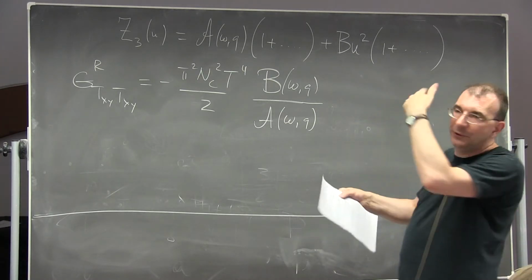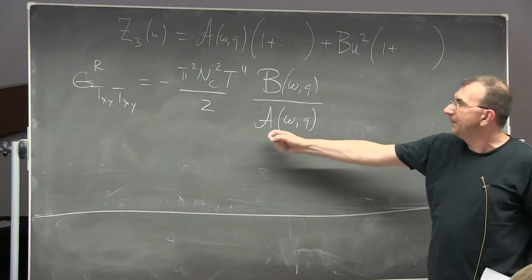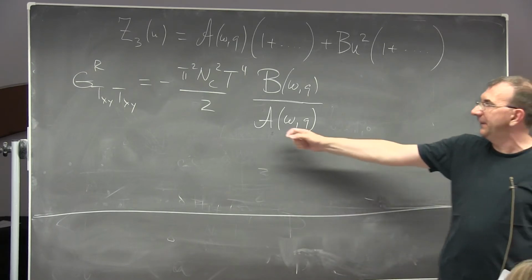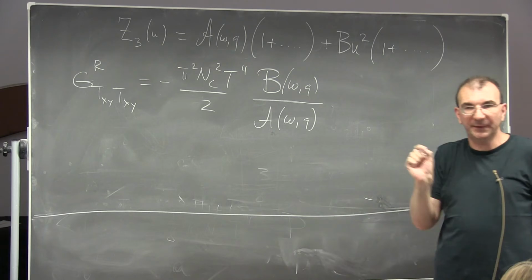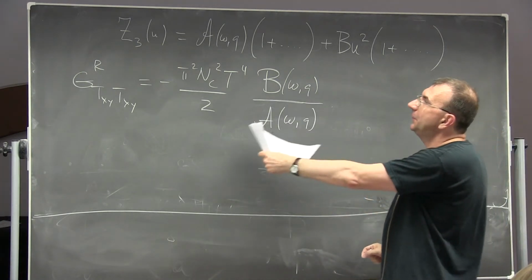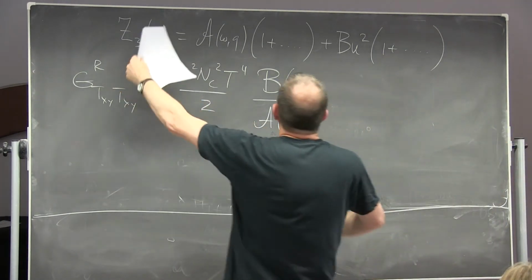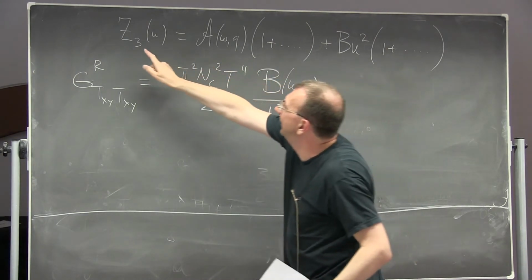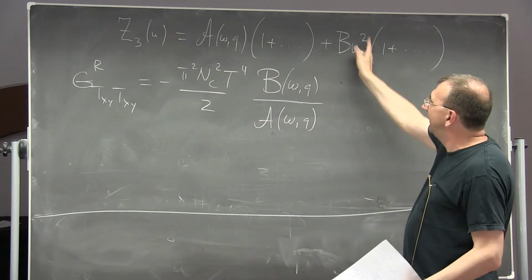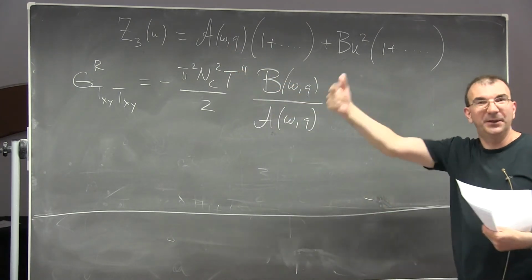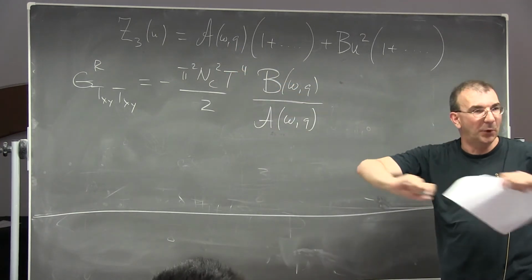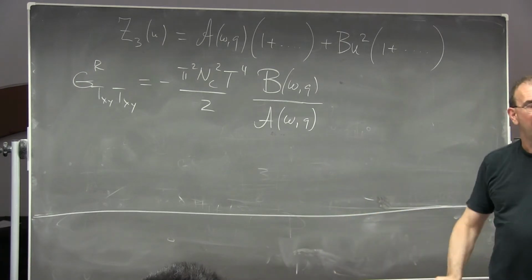Or you can do it numerically. And notice in particular that zeros of this A would correspond to the poles of your correlator. So if you're only interested in the poles of the correlator, all you need to do is to solve this equation subject to the boundary condition that the solution z goes to 0, because this goes to 0 automatically at u going to 0 at the boundary, right?